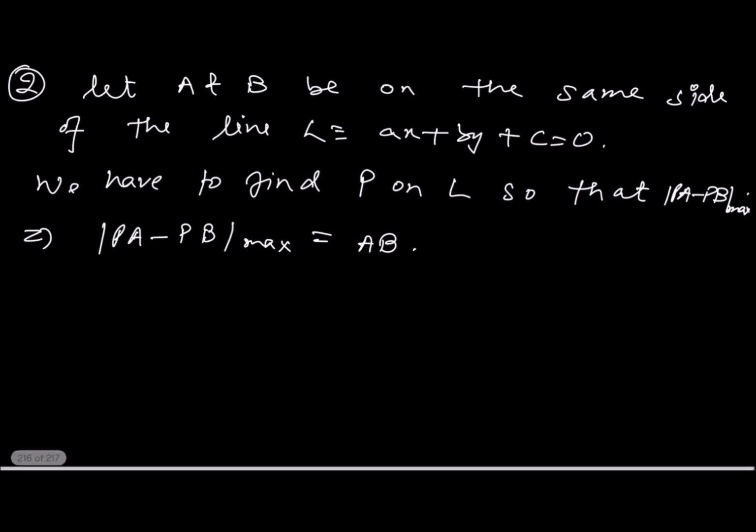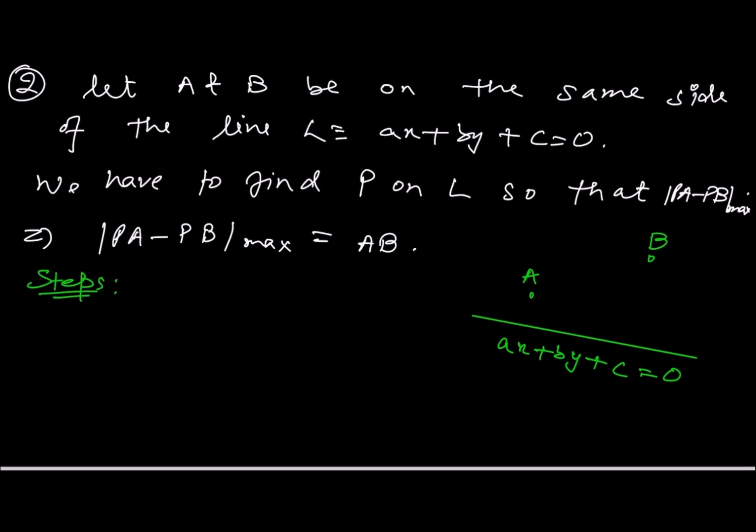So in this case it is very easy. Say this is line AB, this is line ax plus by plus c is equal to 0. These are the points, say A and B, which are on the same side. There are some basic steps which we have to follow for having PA minus PB max.